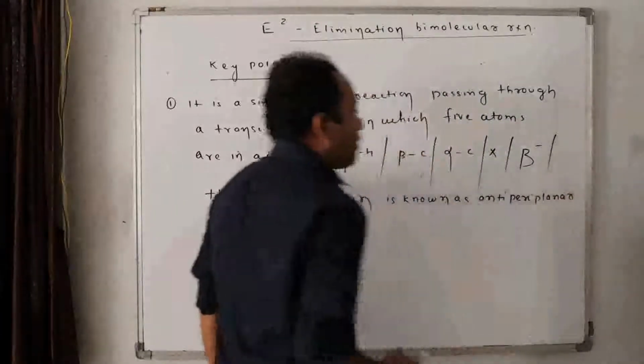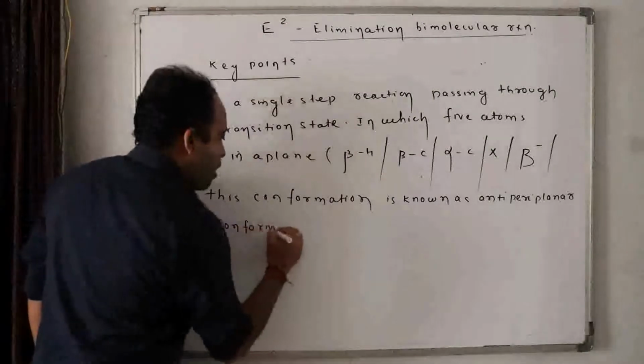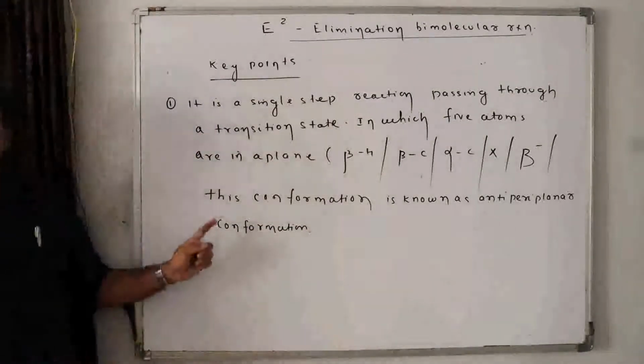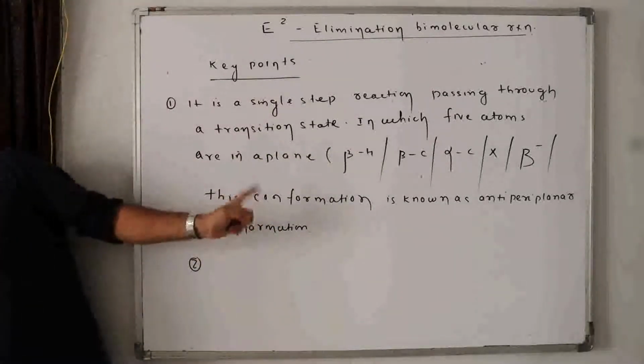Okay, do you understand the first key point? Do you understand the next key point? E2 is a regioselective reaction.